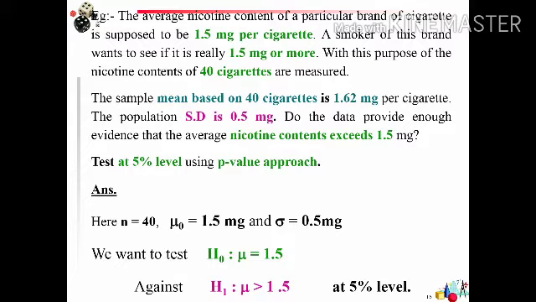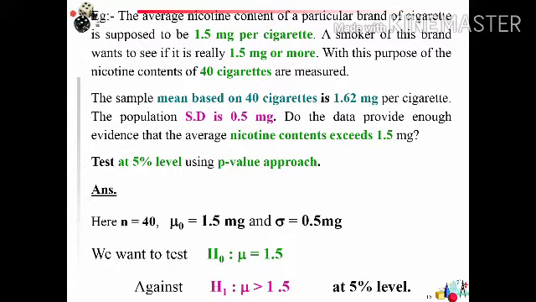Another example, the average nicotine content of a particular brand of cigarette is supposed to be 1.5 mg per cigarette. A smoker of this brand wants to see if it is really 1.5 mg or more. With this purpose, the nicotine content of 40 cigarettes is measured.